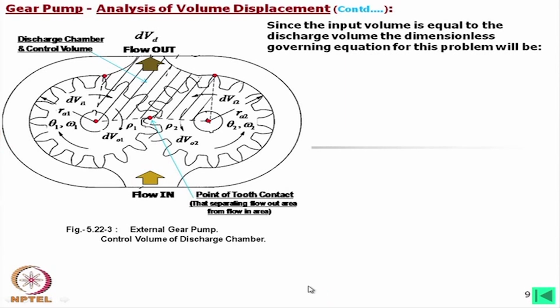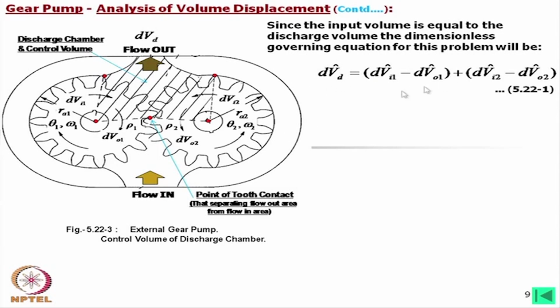Since the input volume is equal to the discharge volume, the dimensionless governing equation for this problem will be dVd equals input minus output for gear 1, and here also input minus output for gear 2. Here we have considered non-dimensional parameters. So, whatever net volume there is must be going out.